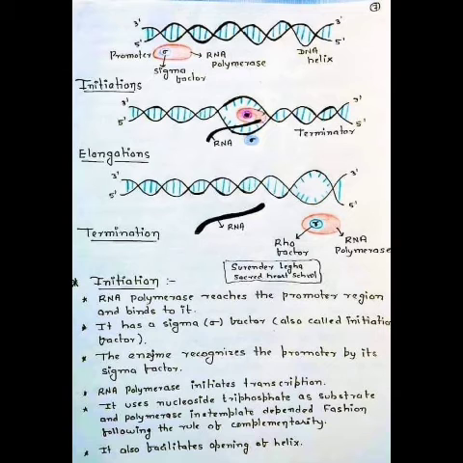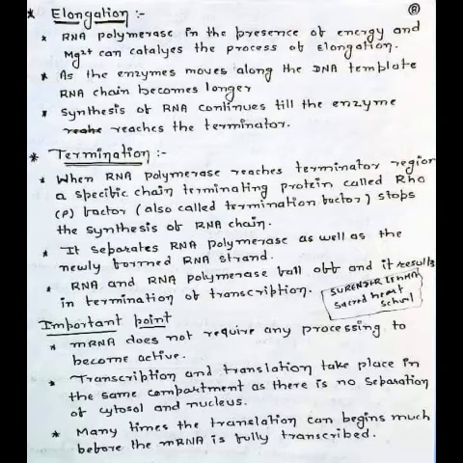It uses nucleoside triphosphates as the substrate and polymerizes in a template dependent fashion following the rule of complementarity, right? It also facilitates the opening of the helix. When it binds the DNA, it opens the DNA strand.